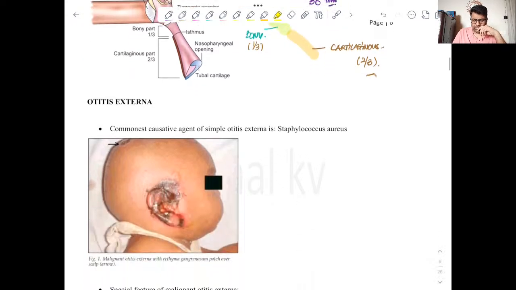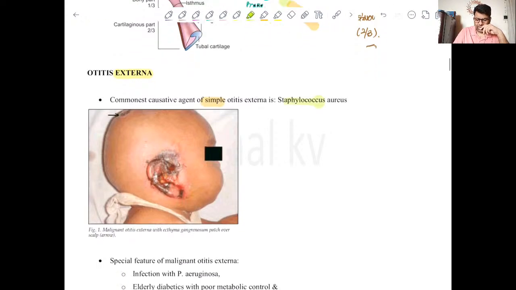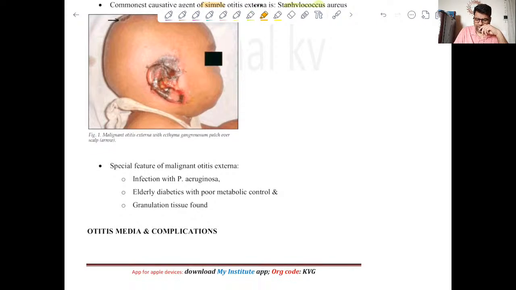Now moving forward to some diseases. Otitis externa, it means inflammation of external ear. If the word is simple otitis externa, the answer has to be Staphylococcus aureus. But if the term is malignant otitis externa, you have to answer Pseudomonas aeruginosa, right? And this condition is especially seen in elderly diabetics who don't take their medicines regularly and their sugar level is not well controlled.